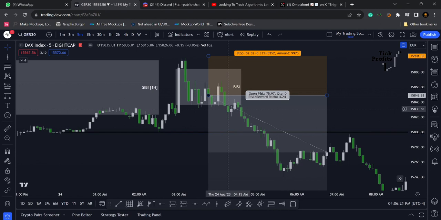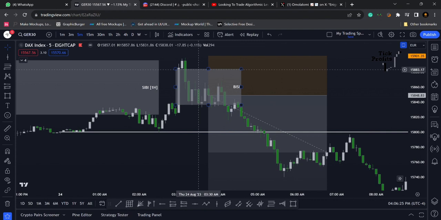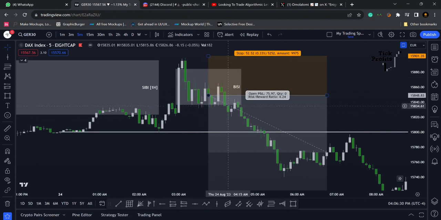So that gives you an idea that, okay, price wants to become bearish because it has violated this bullish PD array. So that's how we got our short. I just had to wait a bit for a retracement and sold off from there.